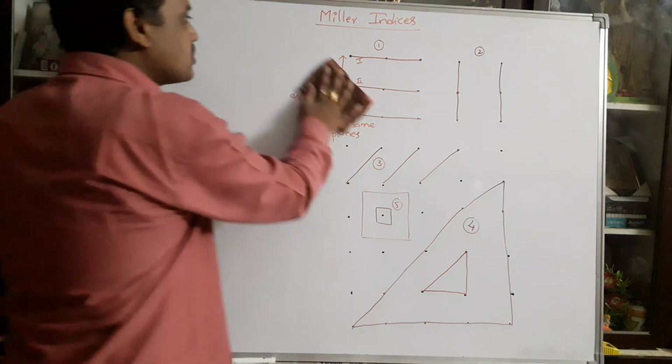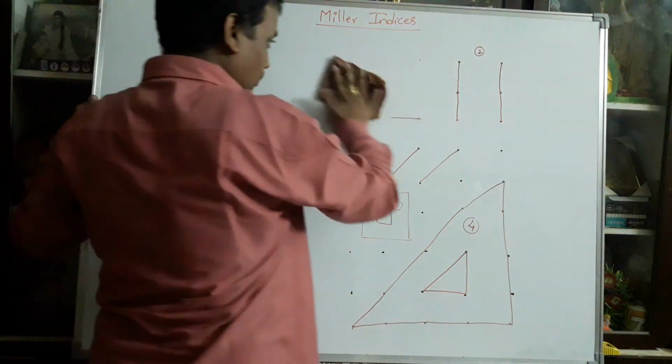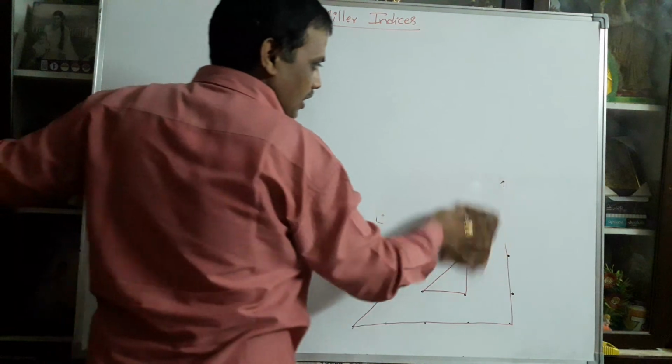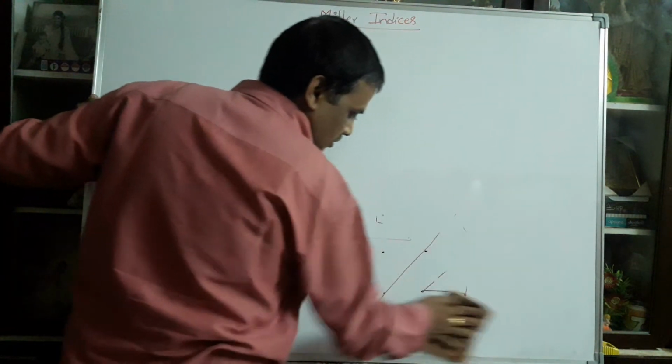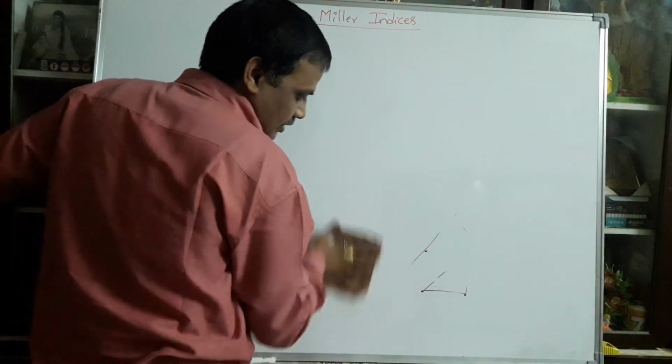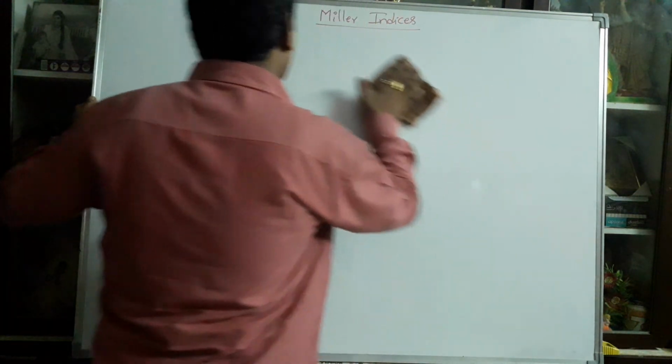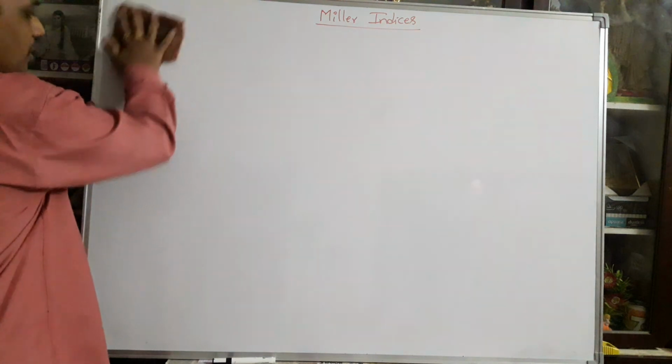Each and everyone knows Miller. What is the name of Miller? Generally, Miller is a scientist, especially a physics scientist. Miller is the scientist's name. He introduced some indices.